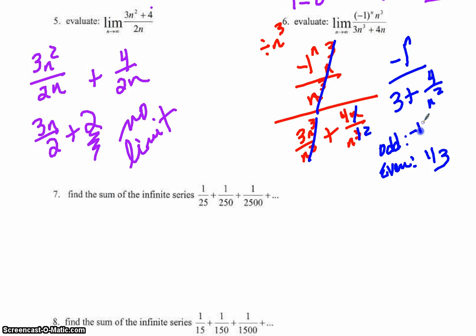When you have exponents going on, or a negative number raised to a power, you need to do it with an even and an odd to see, because it may or may not be the same thing. This right here is your answer. As long as it's odd, it's going to have a limit of -1/3. As long as it's even, it's going to have a limit of +1/3.